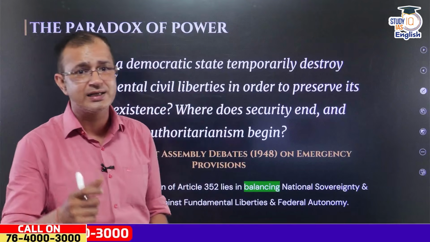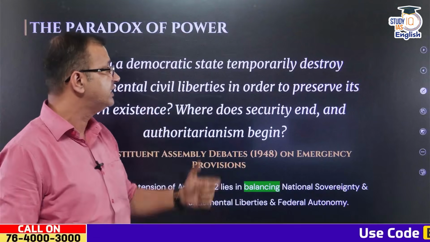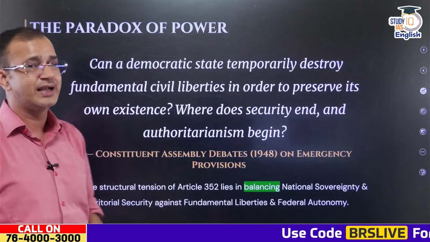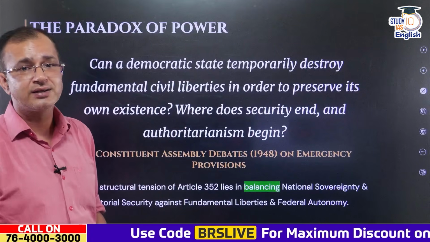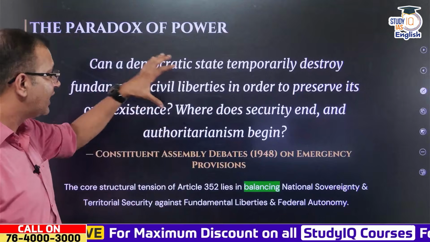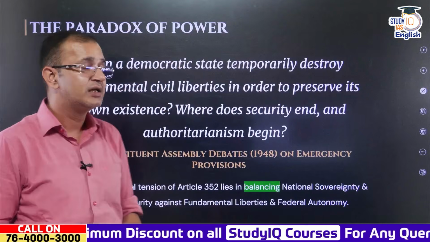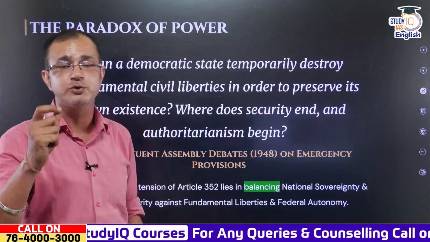Now this deals with the paradox of power. Can a democratic state temporarily destroy fundamental civil liberties in order to preserve its own existence? And where does security end and authoritarianism begin? This was debated in the Constituent Assembly in 1948 about the emergency provision that had to be included.